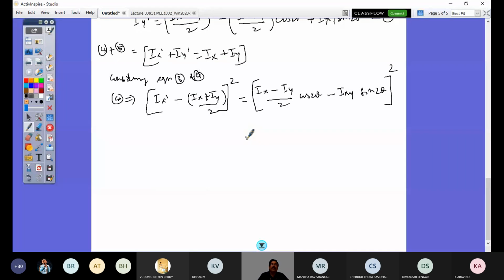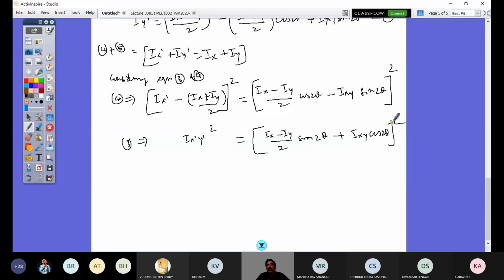So now what is my third equation? The third equation is Ix'y'. So square the third equation also on both sides. I would have Ix'y' squared on one side, and the other side I would have (Ix minus Iy)/2 sin 2 theta plus Ixy cos 2 theta, whole squared, right?